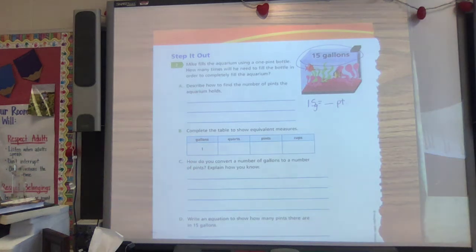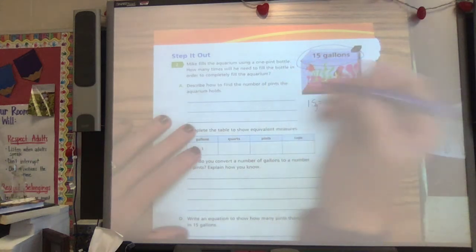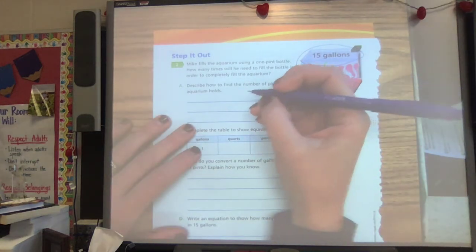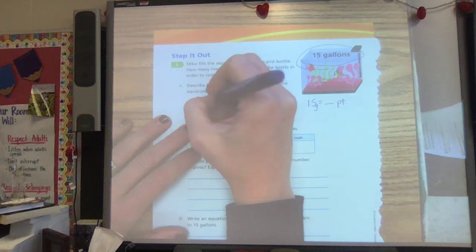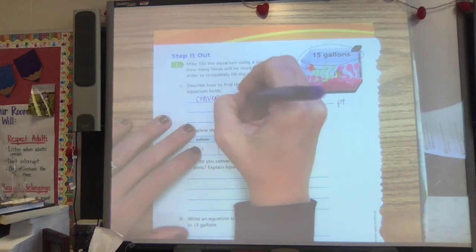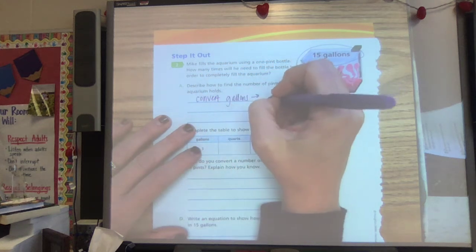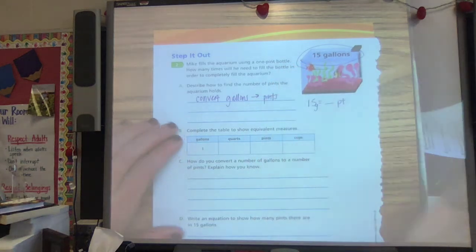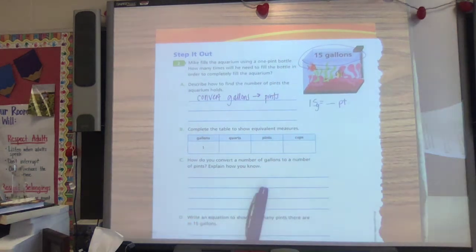So let's think about what we know about gallons and pints. So we're going to convert gallons to pints. So then we need to complete this to know the measures.